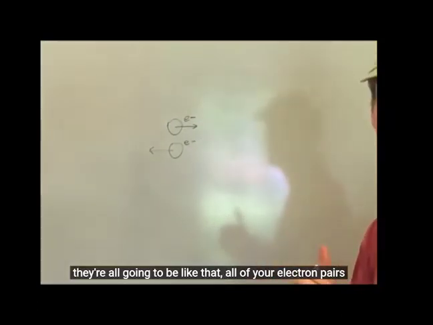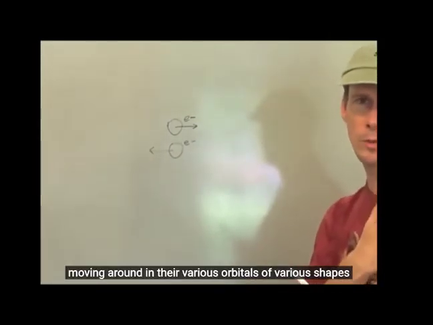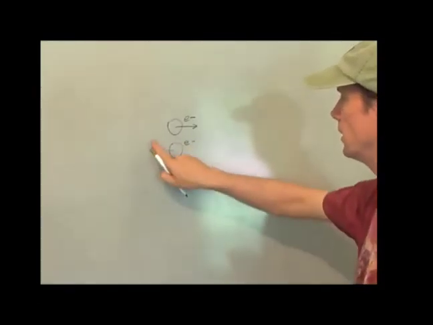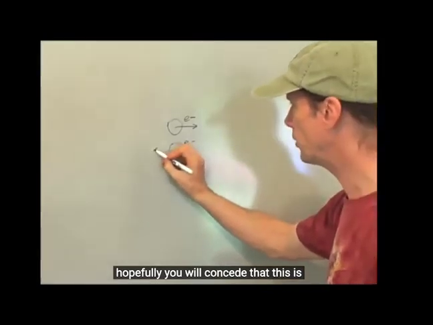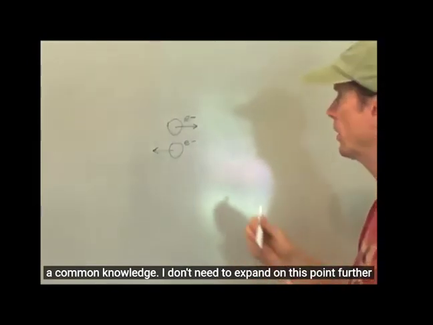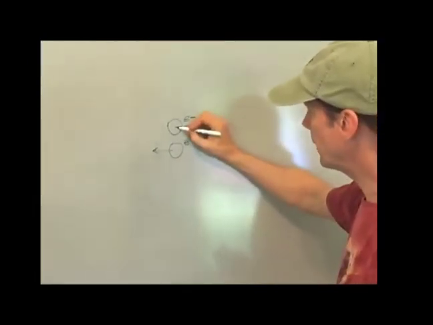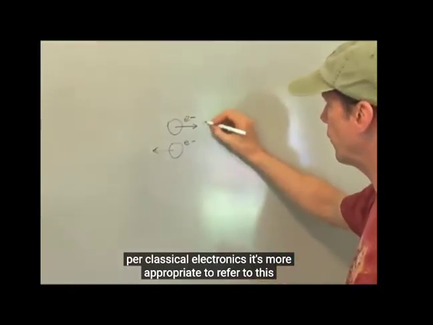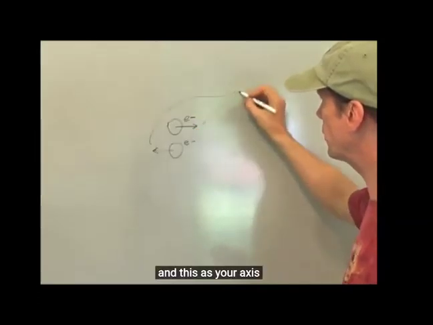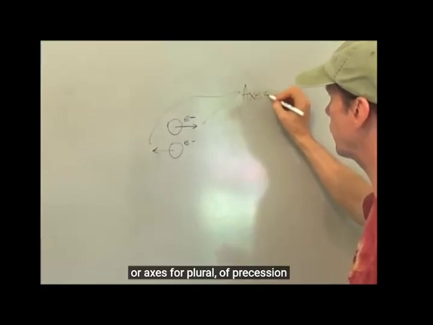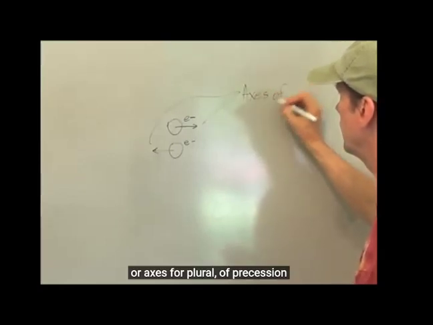They're all going to be like that, all of your electron pairs moving around in their various orbitals of various shapes. Hopefully you will concede that this is common knowledge. I don't need to expand on this point further. So then we consider, per classical electronics, it's more appropriate to refer to this and this as your axis, or axes for plural, of precession.